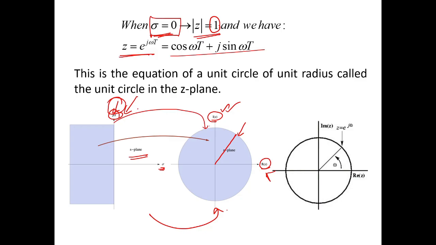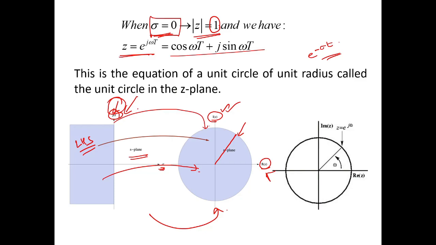When sigma is less than 0, that means we are on the left hand side of the S-plane. What will happen? e to the power sigma t, when it is less than 1, it will be inside the circle.